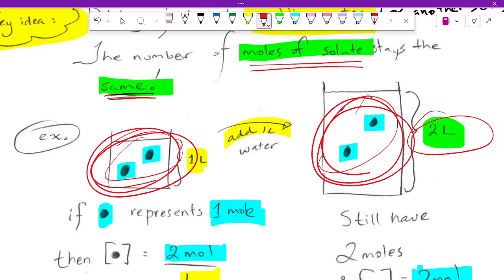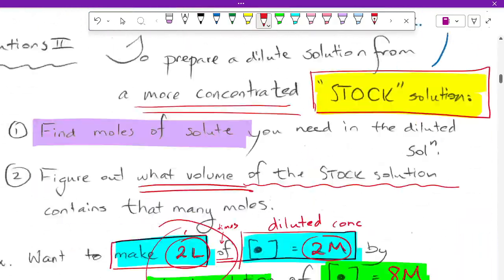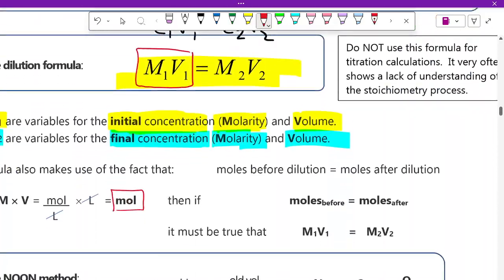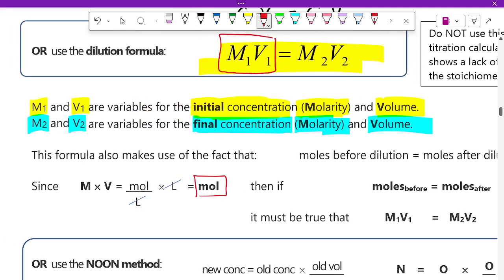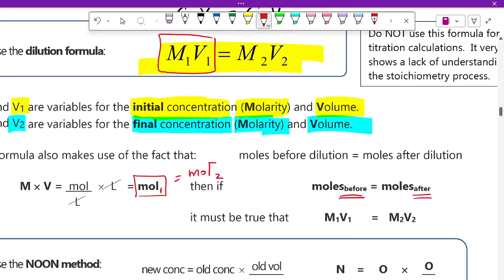Okay? So that's why moles 1 is going to equal moles 2. Moles before is equal to moles after. The initial volume times the initial molarity is the moles before. M1V1 is moles before, M2V2 is moles after.